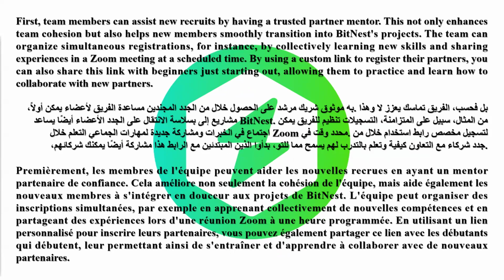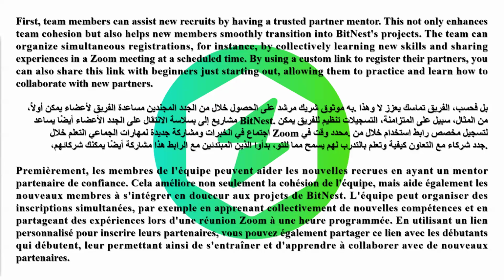First, team members can assist new recruits by having a trusted partner mentor. Okay. And this not only enhances team cohesion, but also helps new members smoothly transition into business projects.